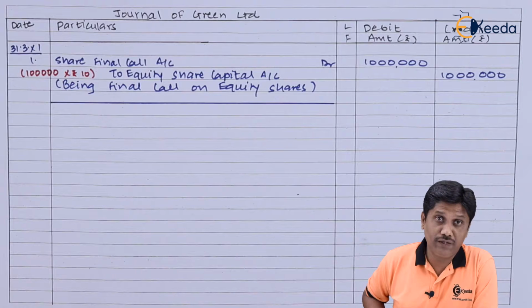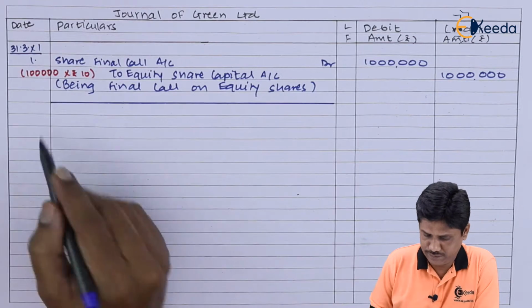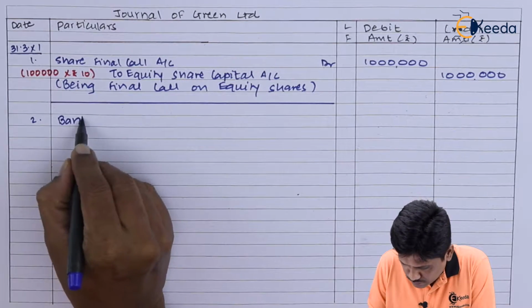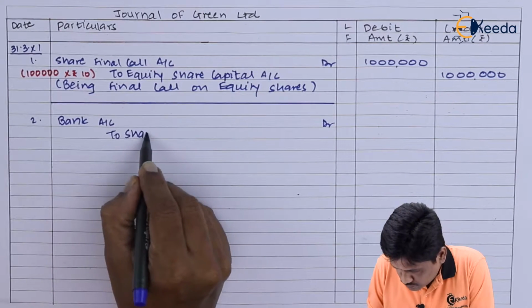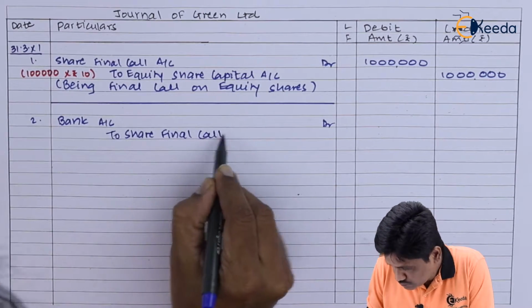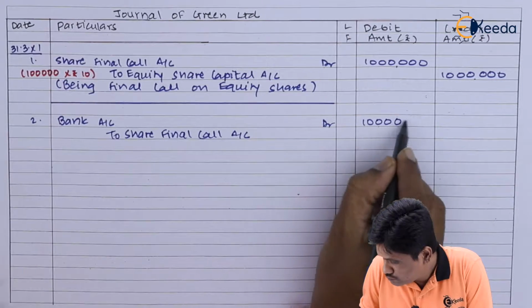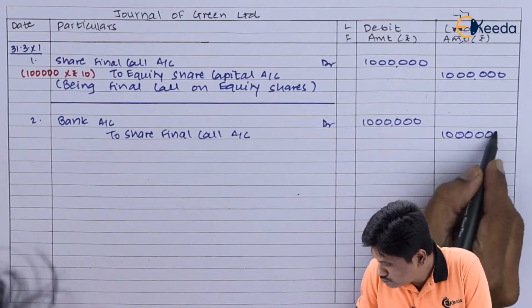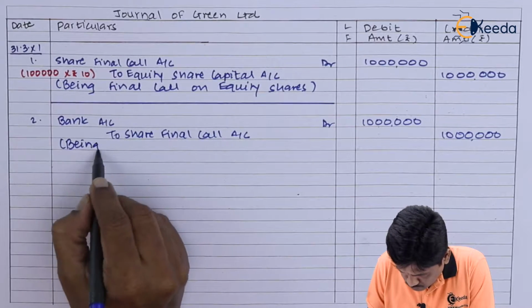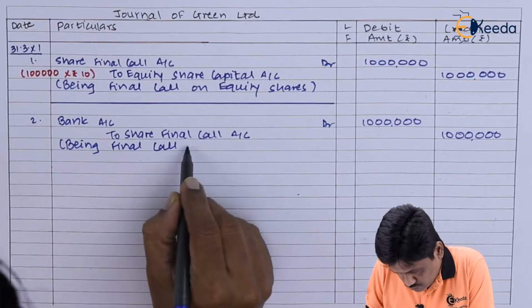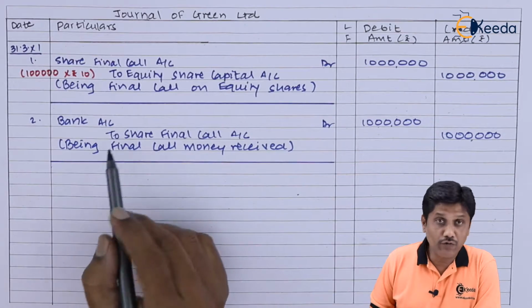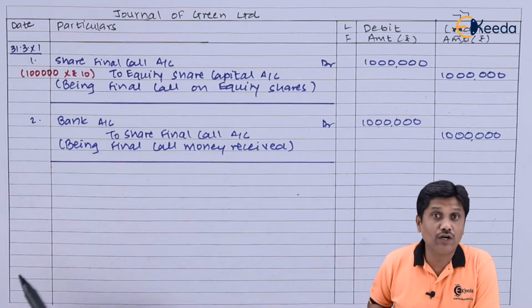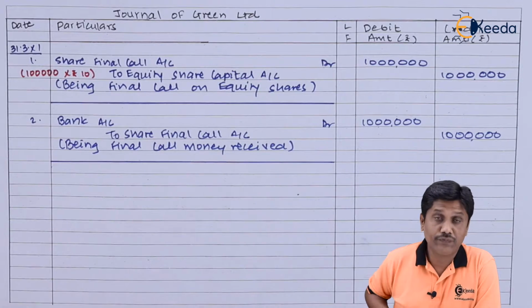Thereafter, we will receive the money, for which we will pass another entry: bank account debit to share final call account, being final call money received.